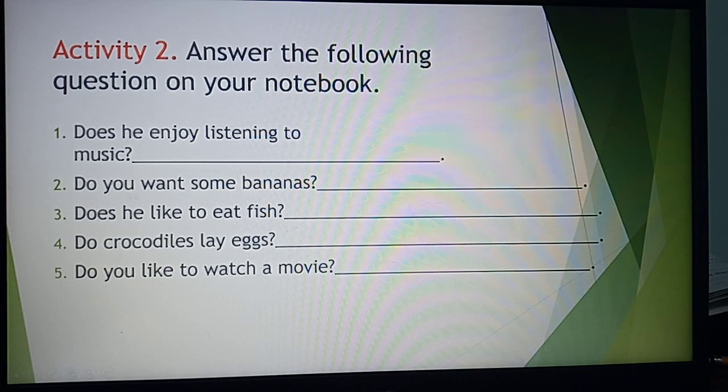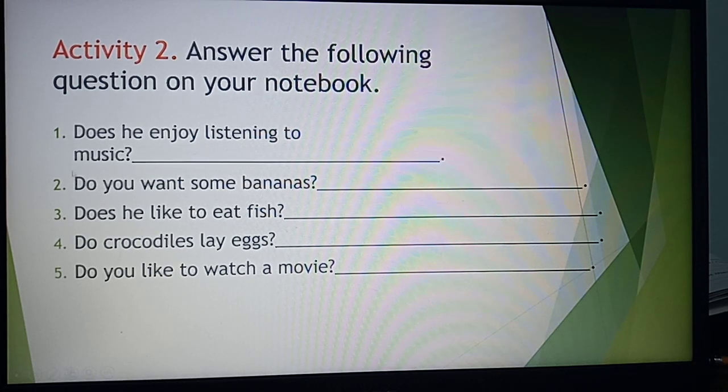And number 2, do you want some bananas? Okay, do. Therefore, you're going to use do. Does he like to eat fish? Do crocodiles lay eggs? Do you like to watch a movie? So if the question is does, your answer here must be in does form.